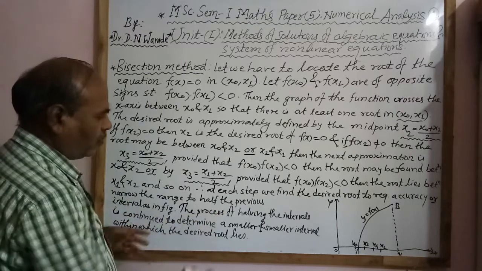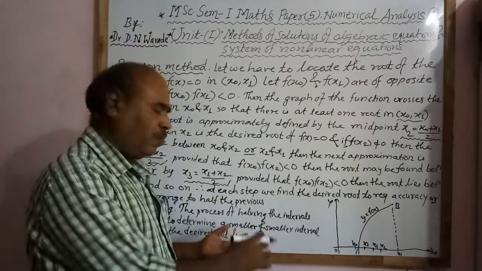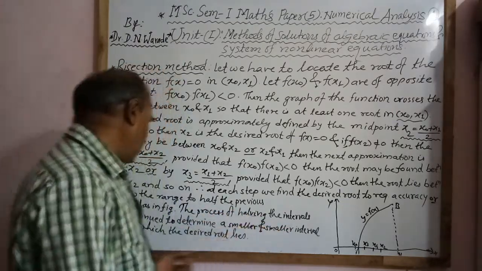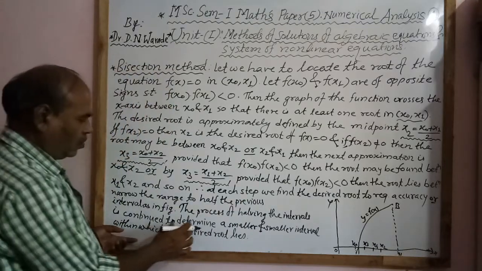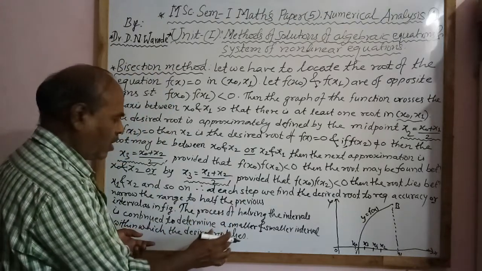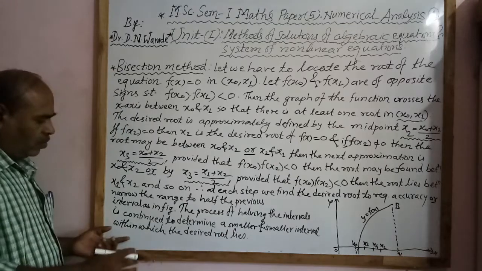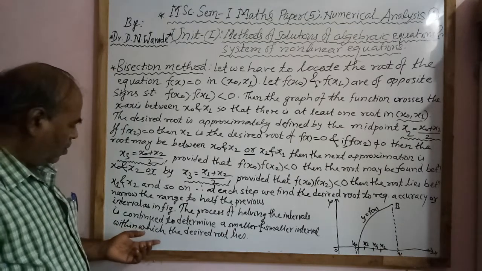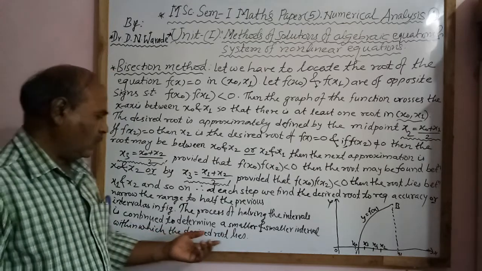The process of halving, that is dividing the intervals, is continued to determine a smaller and smaller interval within which the desired root lies.